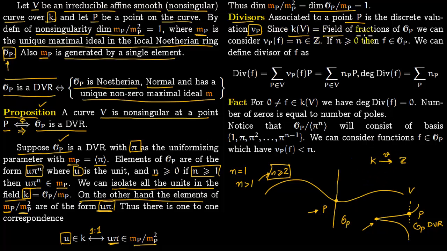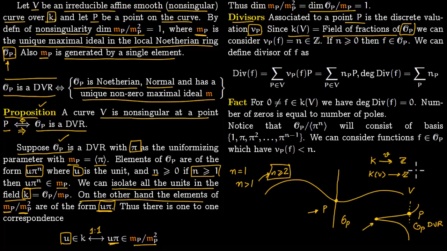So say K(V) is our field of fractions, and from K(V) we go to the integers. So for every point P you have this O_P, which forms a discrete valuation ring corresponding to the valuation v_P.